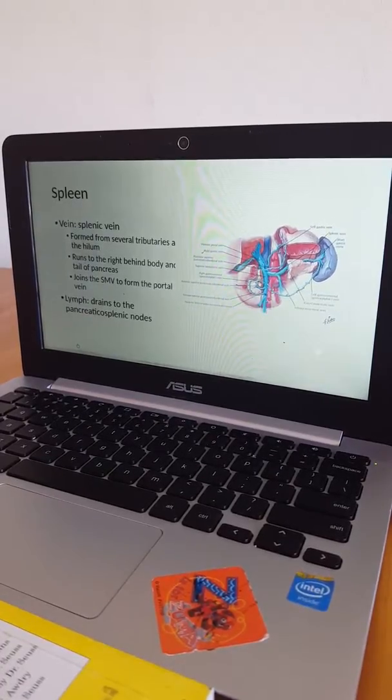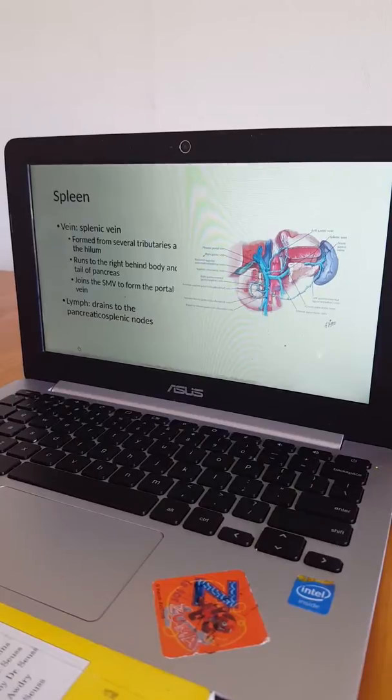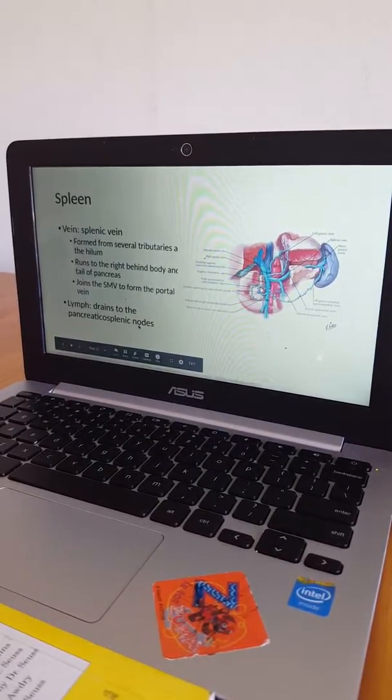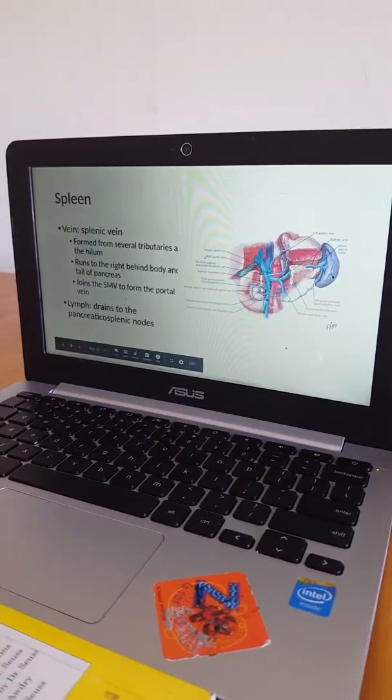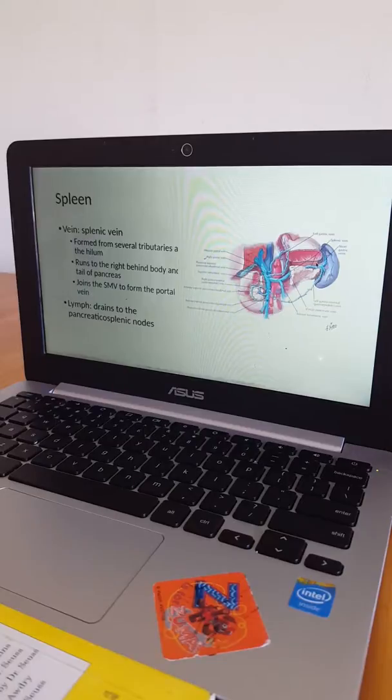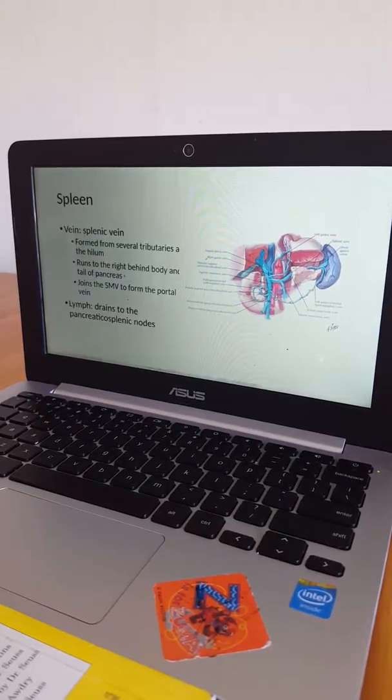So very important for liver cirrhosis and clinical conditions related to the portal system. So lymph drains to the pancreatico-splenic nodes, which makes sense, because the pancreas and spleen are lying nearby each other. So the nodes which lie here will drain the spleen.